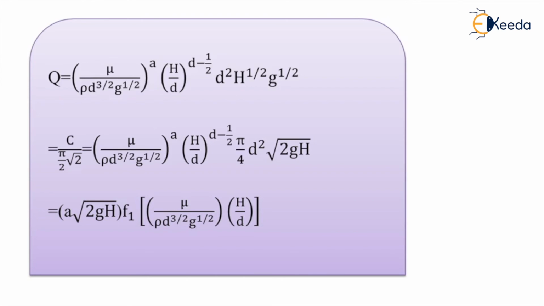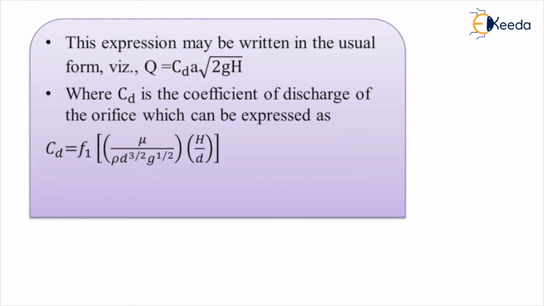Here we have the expression as Q is equal to Cd into A into square root of 2gH. Here small Cd is the coefficient of discharge of the orifice, which can be expressed as Cd is equal to f1 of mu upon rho d raised to 3 by 2 g raised to 1 by 2, and capital H upon small d.